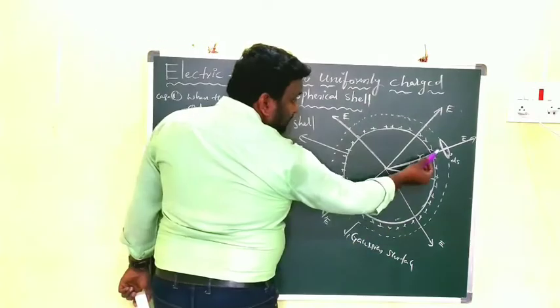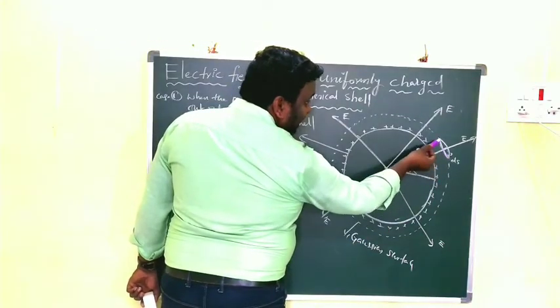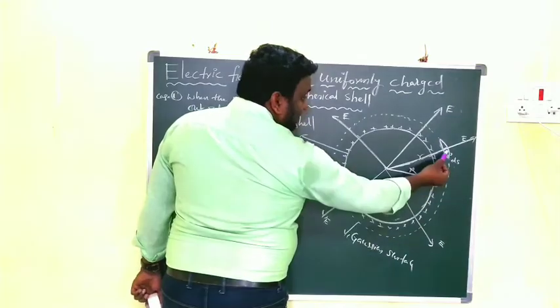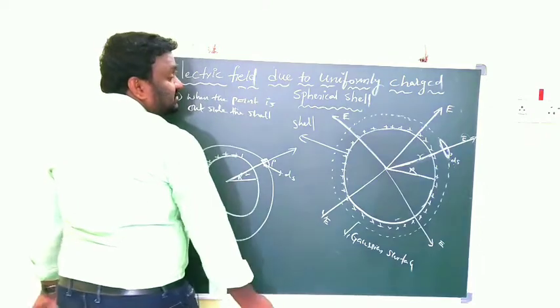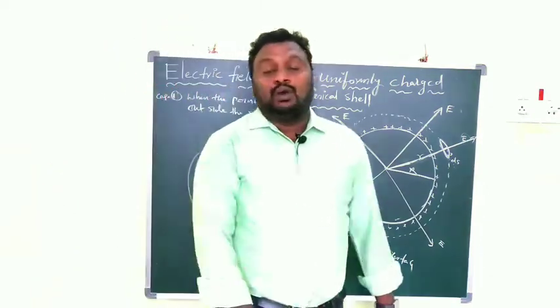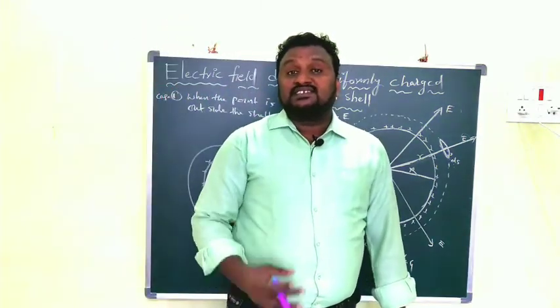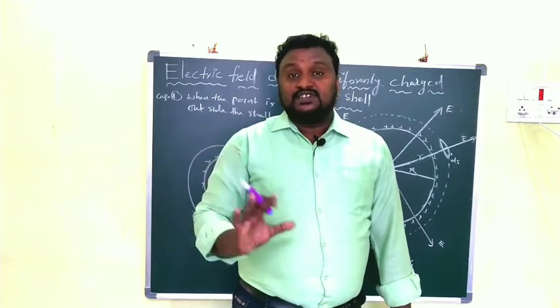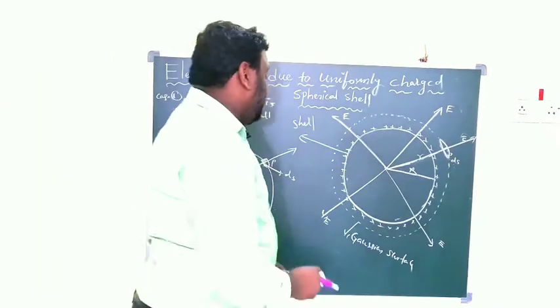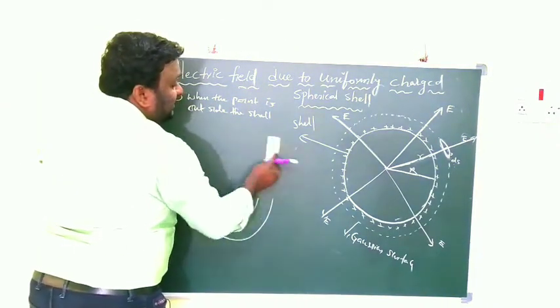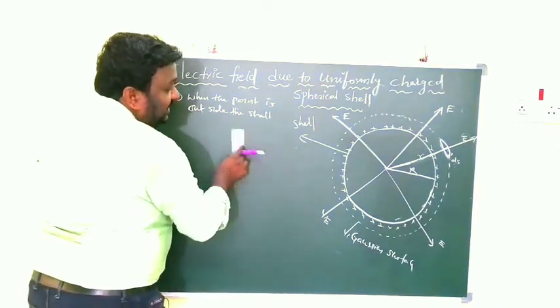In this diagram also, this is the small elemental surface ds. That ds and E are both in the same direction. Why? Because the charge is uniformly distributed on the spherical shell. That's why E and ds are both in the same direction.